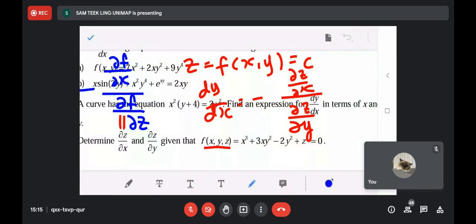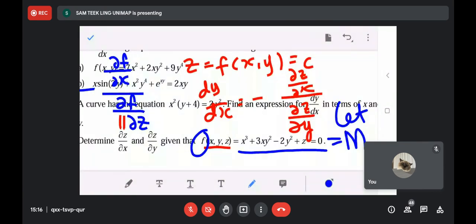See, the question gives you f already, so you can directly use f. It's no problem. If you want to use m, please make sure you let m equal the equation.